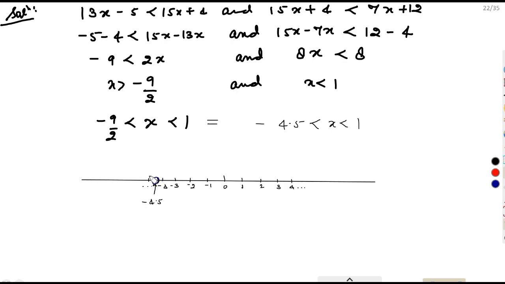And x is less than 1 but 1 is not included. Make an open circle on 1. All real numbers between this range will be included in our answer. This is the representation of this solution on number line.